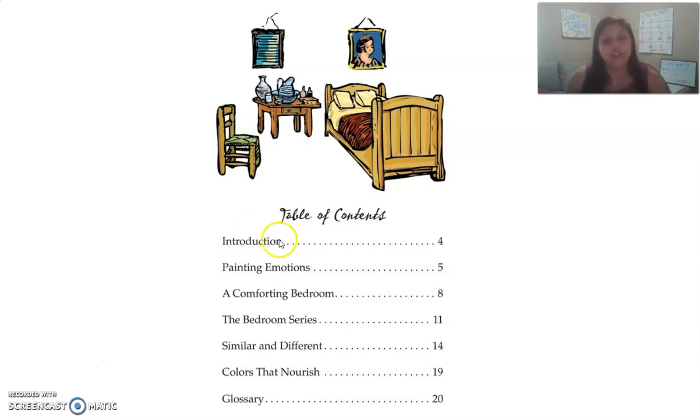We have introduction, painting emotions, a comforting bedroom, the bedroom series, similar and different, colors that nourish, and then we have the glossary. Again, keep in mind, you're trying to make a prediction. Is this fiction or nonfiction? I still can't make that prediction yet. I'm still unsure. I'm going to keep reading to see if I can find out.